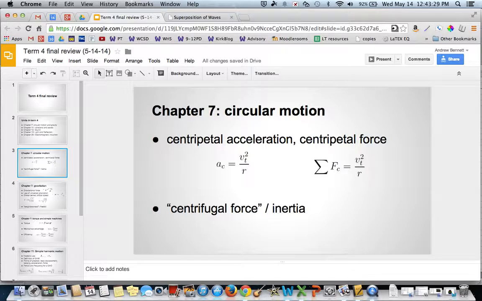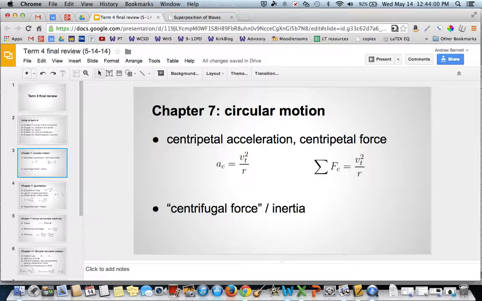We also had this idea of centrifugal force, and we talked about how that's really misused most of the time. Centrifugal force is a fictitious force that only exists in a rotating frame of reference. So we're just going to avoid that problem and not talk about centrifugal force at all for explaining, for example, why something gets flung to the outside of the container, like the ride at Adventureland, where you stick to the wall.